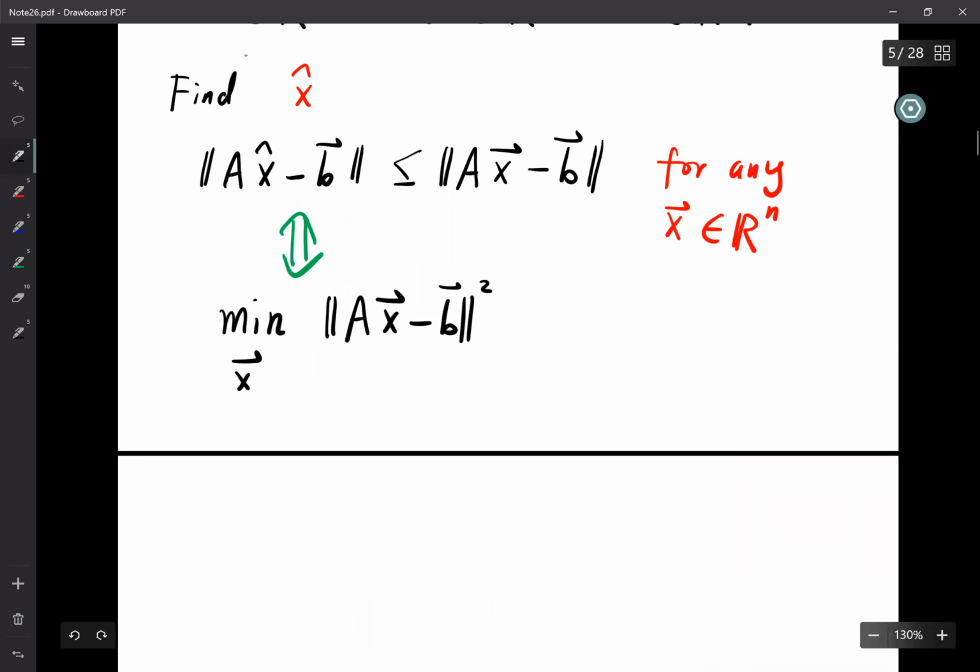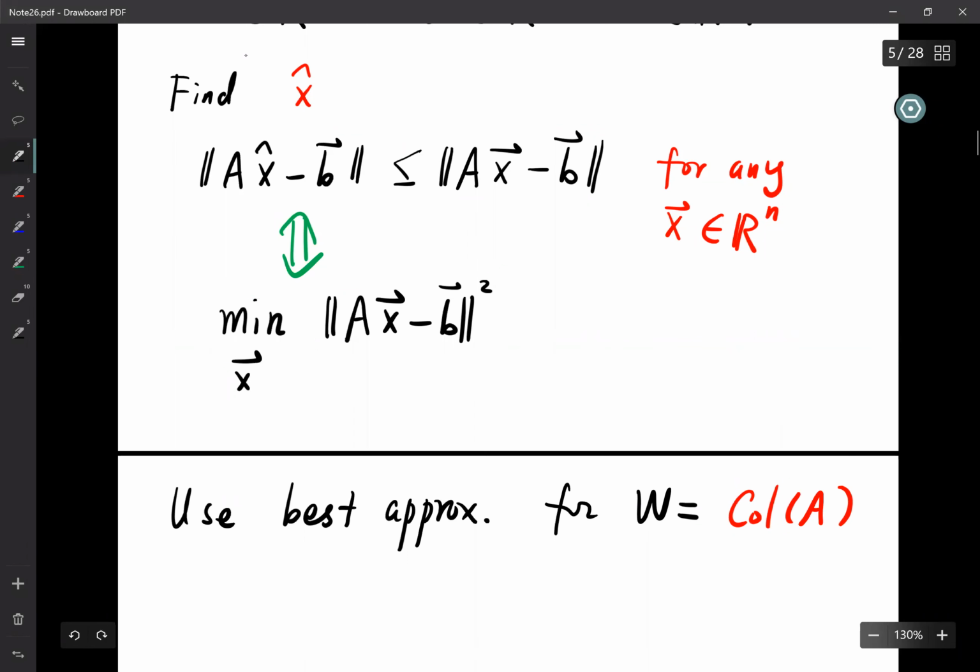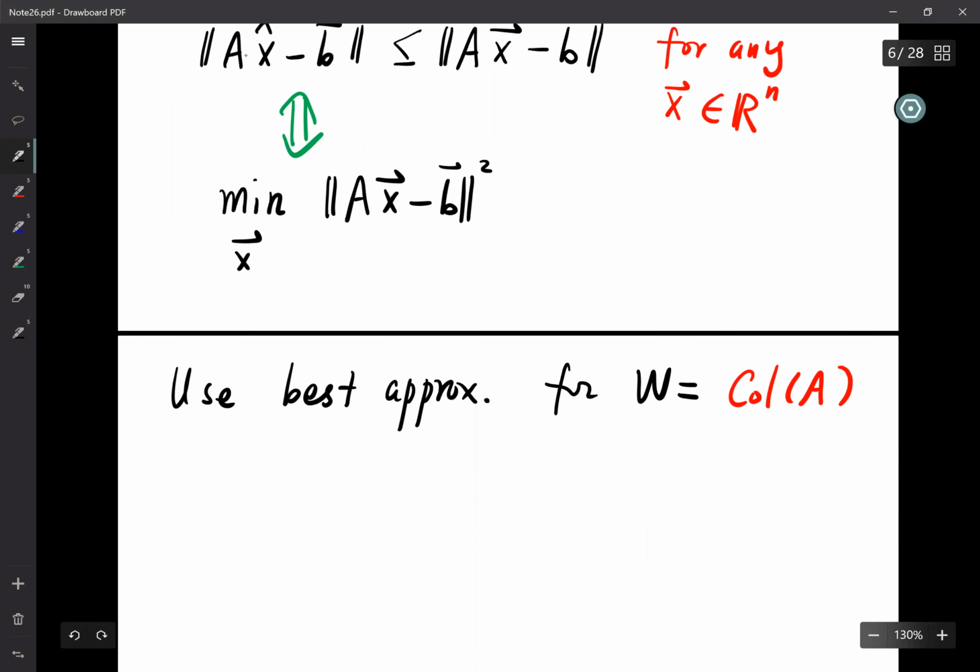Now I can use the best approximation theorem for W equal to the column space of A, because A times x is just exploring all the possibilities in the column space of A. And I immediately have A times x hat should be equal to the projection of b to the column space of A.